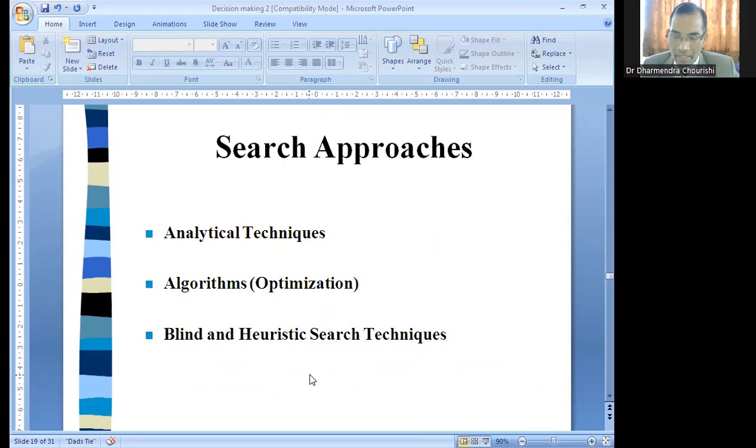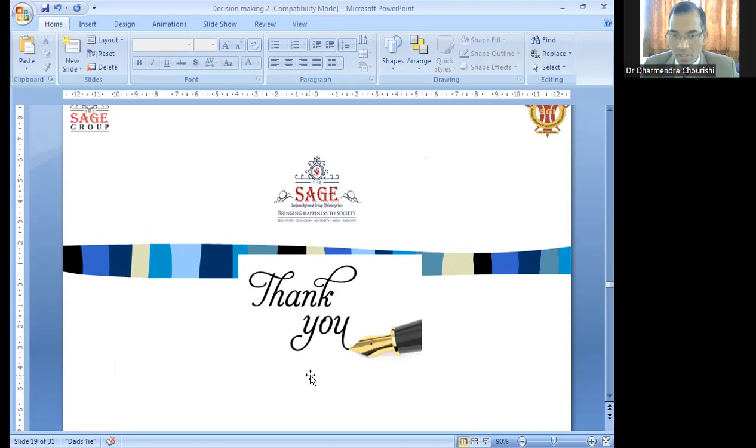The possibility and the probability of a particular solution, and the success rate of that decision, could be identified and calculated scientifically by using technology. You can use some heuristic models as well. That's all for today. We talked about different models, mathematical and IT based methods for decision making.